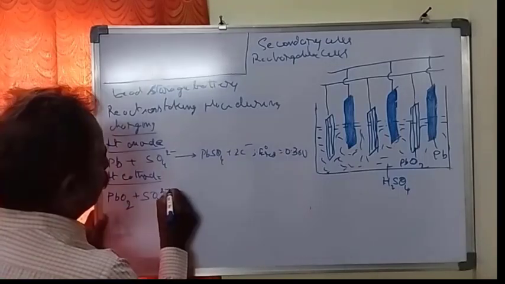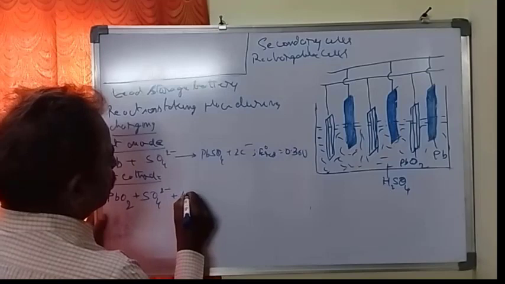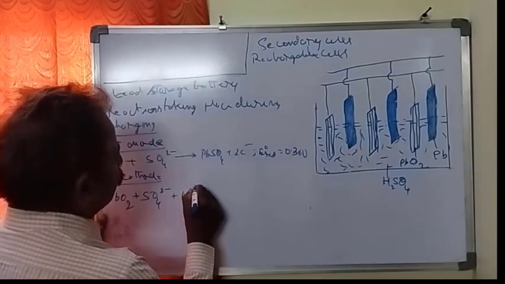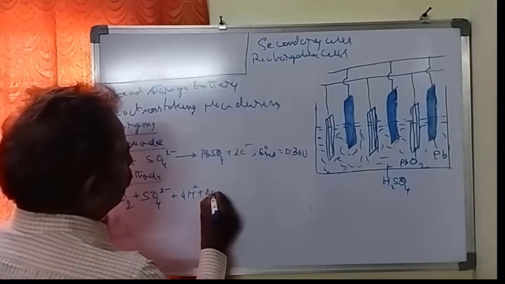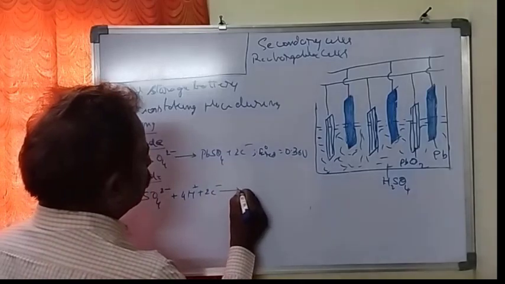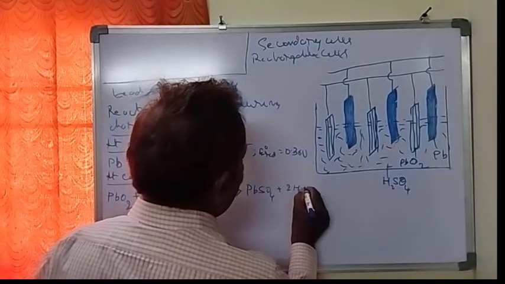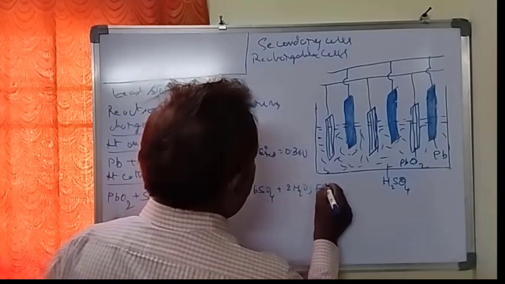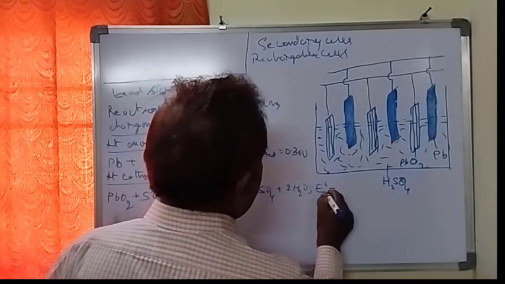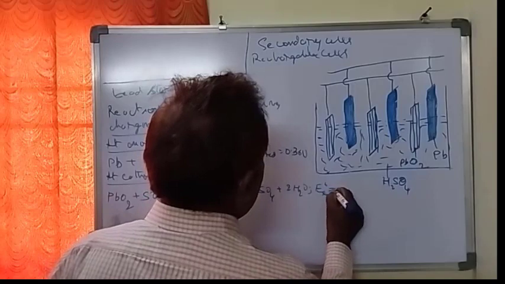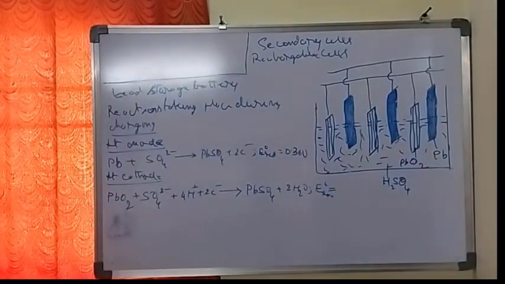Now at cathode, PbO2 plus SO4 2- plus 4H+ plus 2 electrons gives PbSO4 plus 2H2O, E0 equal to 1.69 volts.